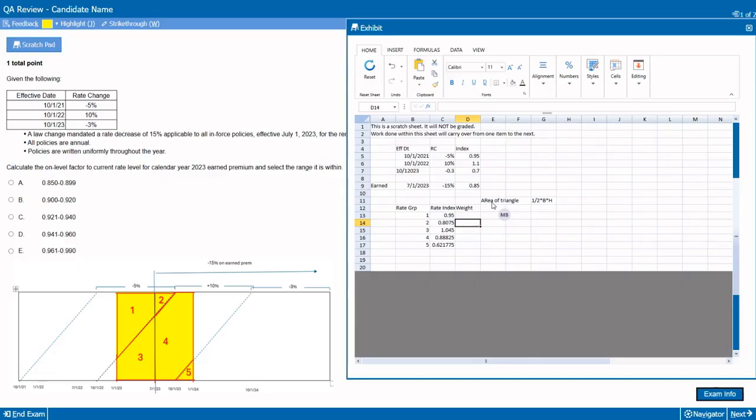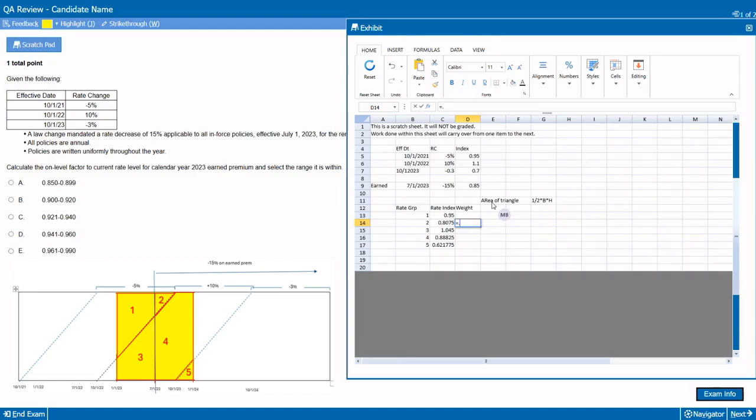Section 2 is the period that is written policies from July 1st, 2022 to October 1st, 2022. And the earned portion of that from July 1st, 2023 to October 1st, 2023. So it's a quarter of a year of written policies and a quarter of a year of earned policies.